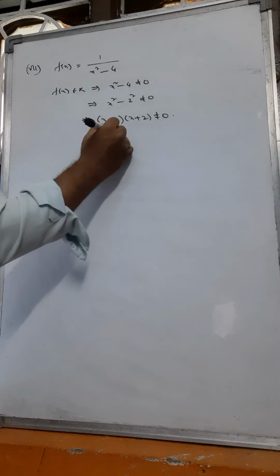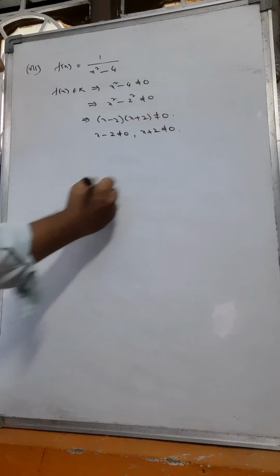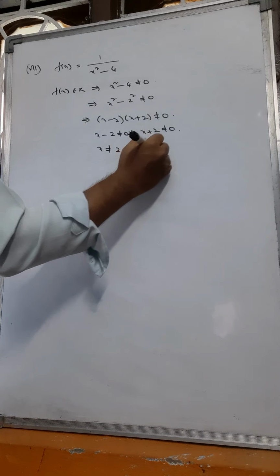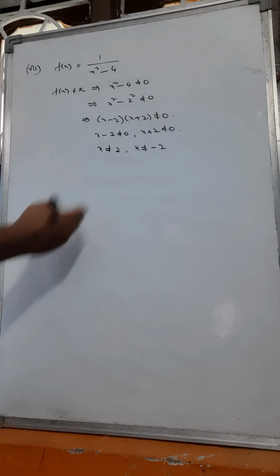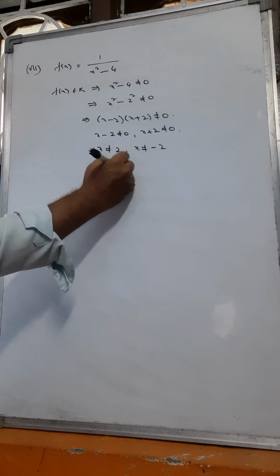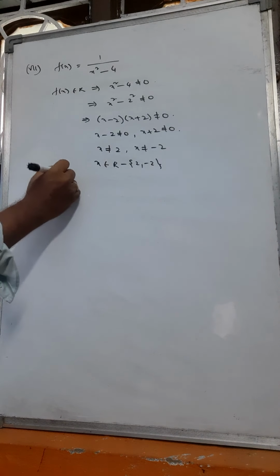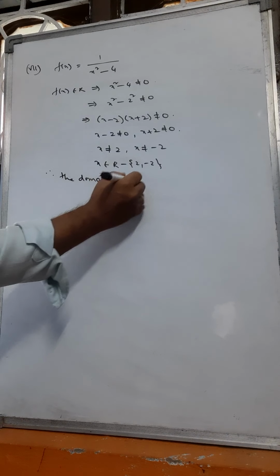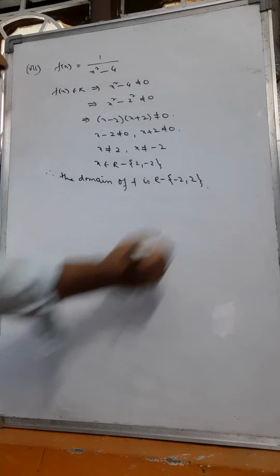So x minus 2 is not equal to 0 and x plus 2 is not equal to 0. From that, x is not equal to 2 and x is not equal to minus 2. So except 2 and minus 2, all the remaining real numbers. So x belongs to R minus {minus 2, 2}. Therefore the domain of f is R minus {minus 2, 2}.